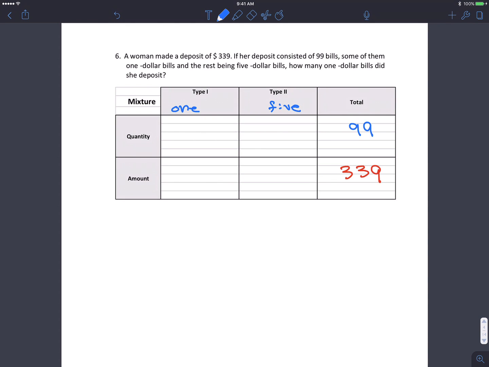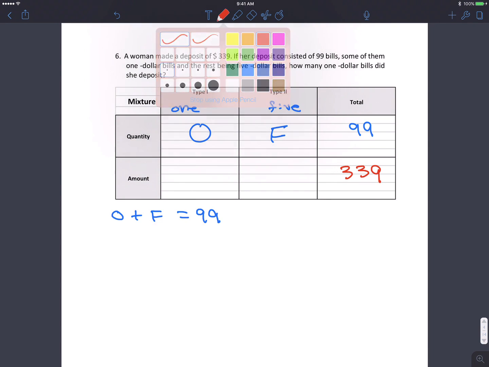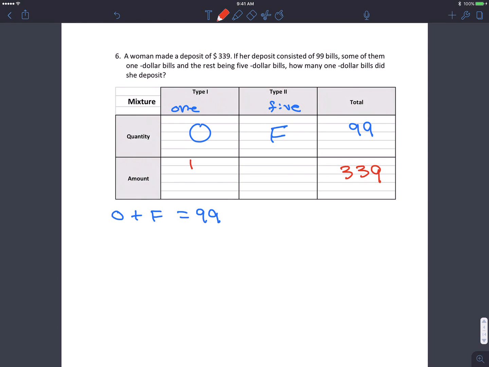Now those are dollars. I'm going to use the capital letter O for the quantity of ones, and the capital letter F for the quantity of 5s. So my quantity equation is O plus F is 99. Now remember, the amount of $1 is 1, and the amount of $5 is 5.